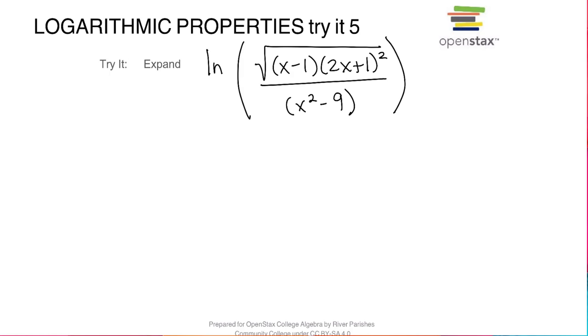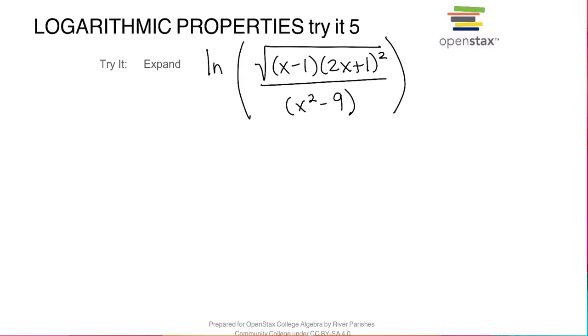Okay, we are in part 2 of section 6.5, logarithmic properties, and we are working with this Try It where it says expand the natural log of the square root of (x minus 1) times (2x plus 1) squared, over x squared minus 9.